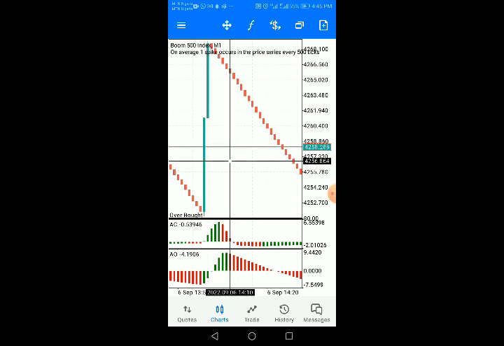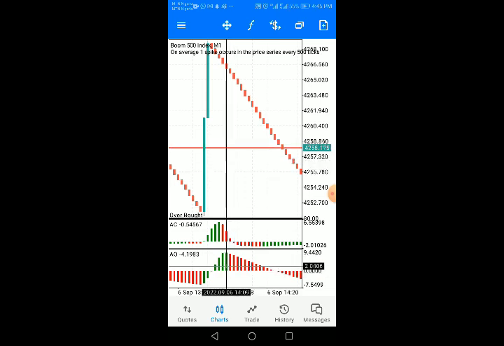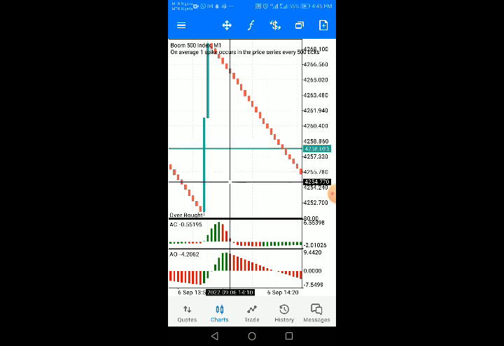So you wait for the next one, which is red, to completely form. That's this first red. When it has formed fully, that's when you will know that it has also started showing red bars.